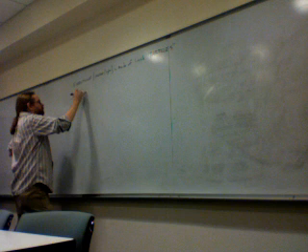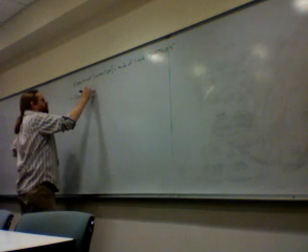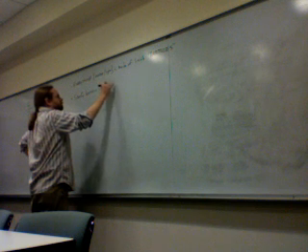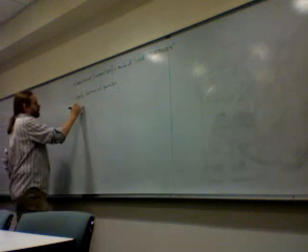In order to describe what particles are doing, you first specify their locations in space. So we have to know where things are. And we have to specify their velocities, how fast they're going.